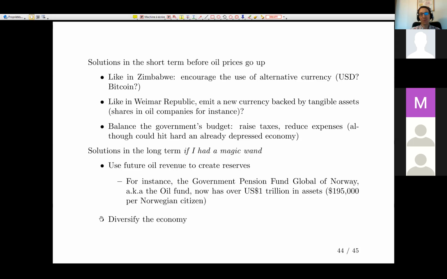And of course, one thing that they should do is diversify the economy, but it's difficult. Anyway, in the short term, what people are probably doing there is just using Bitcoin. Bitcoin might be extremely volatile, but if you have a cell phone, it's less volatile than Venezuela's currency today.